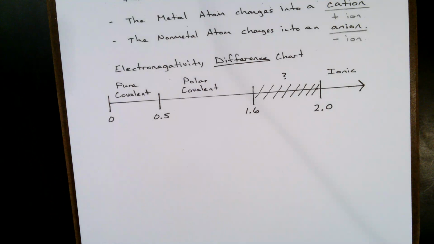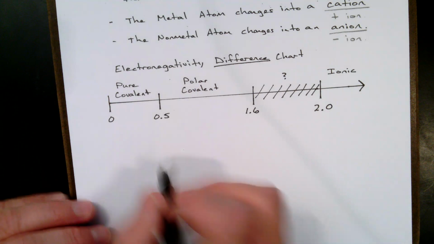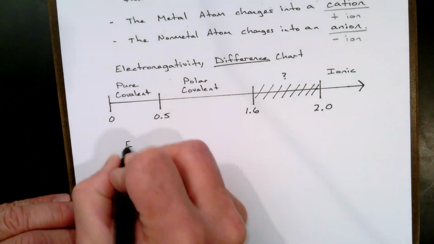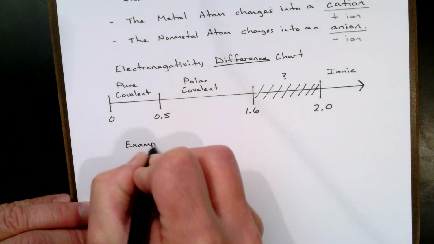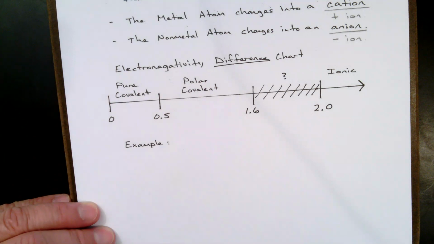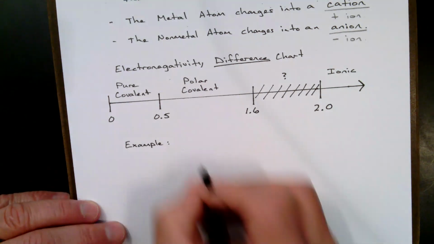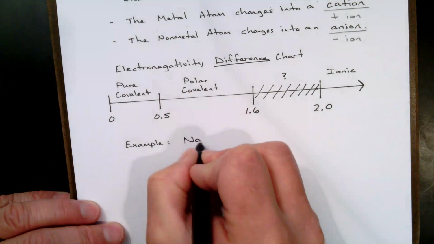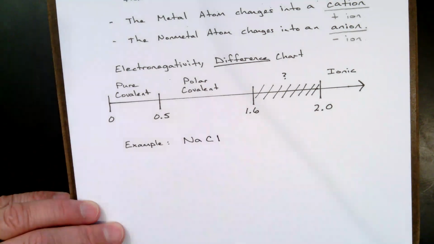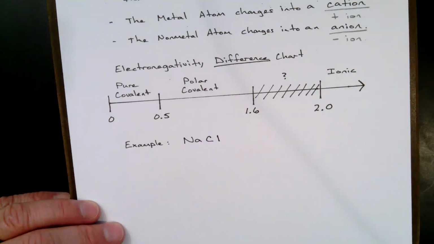So in looking at the type of bond that can exist between one atom and another atom, let's look at this first example. The first example I'm going to look at is Na with Cl.